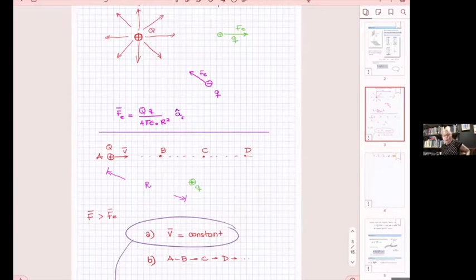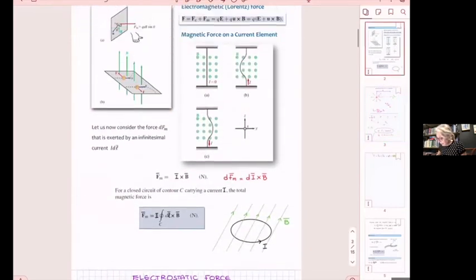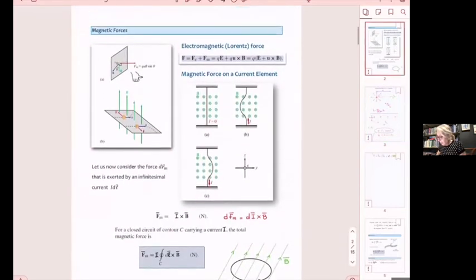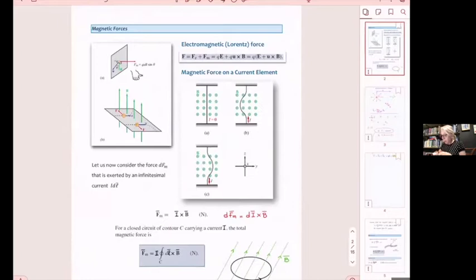Okay. So now, having said that, let us go from this equation, this relationship, which is in fact what we discussed, and talk about not just a moving charge, but a current. All right, so current is a continuous flow.